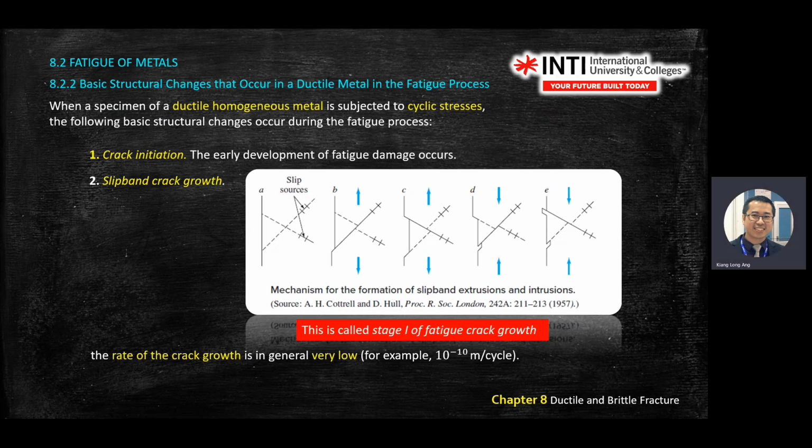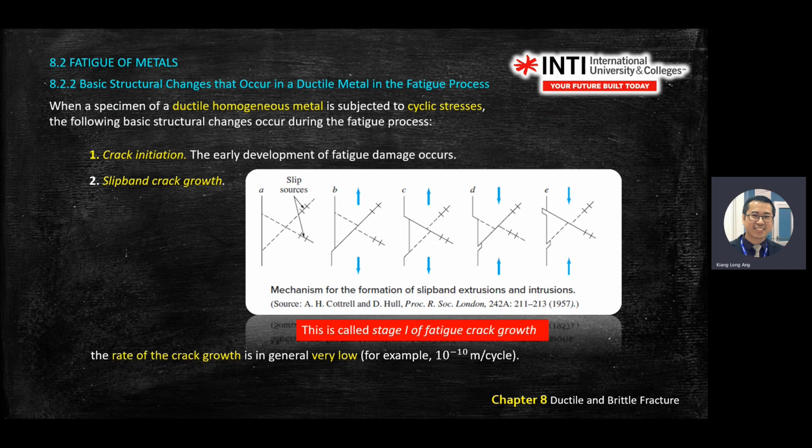And the rate of the crack growth is very, very slow. For metals, it will be 10 to the power negative 10 meter per cycle. 10 to the negative 10 meter is 100 picometer per cycle. Very, very slow.